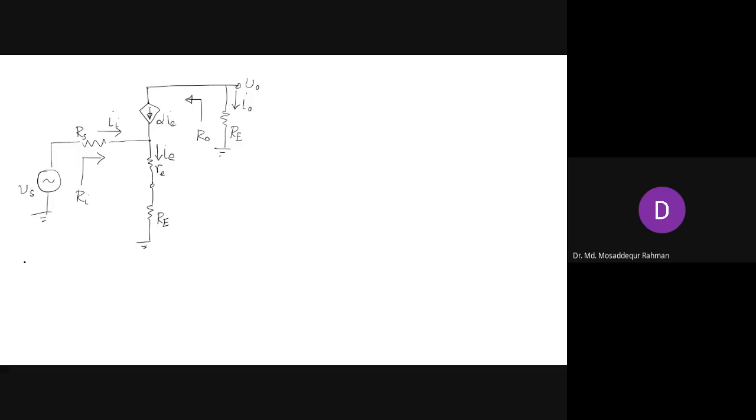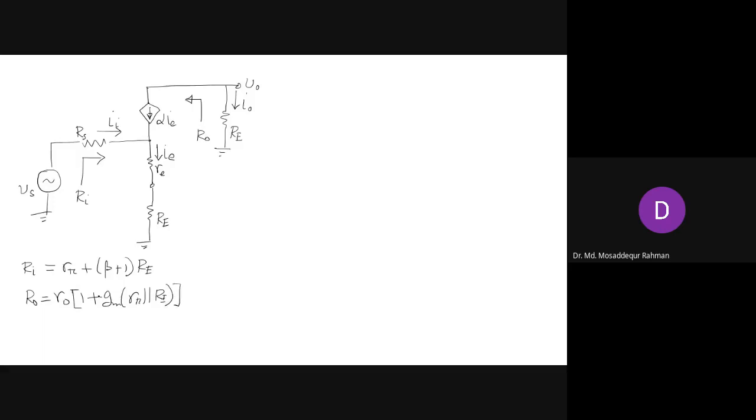Okay, so here we have determined the input resistance Ri, which was R pi plus beta plus 1 times capital RE, and the output resistance, which was R naught, and then R pi in parallel with RE.